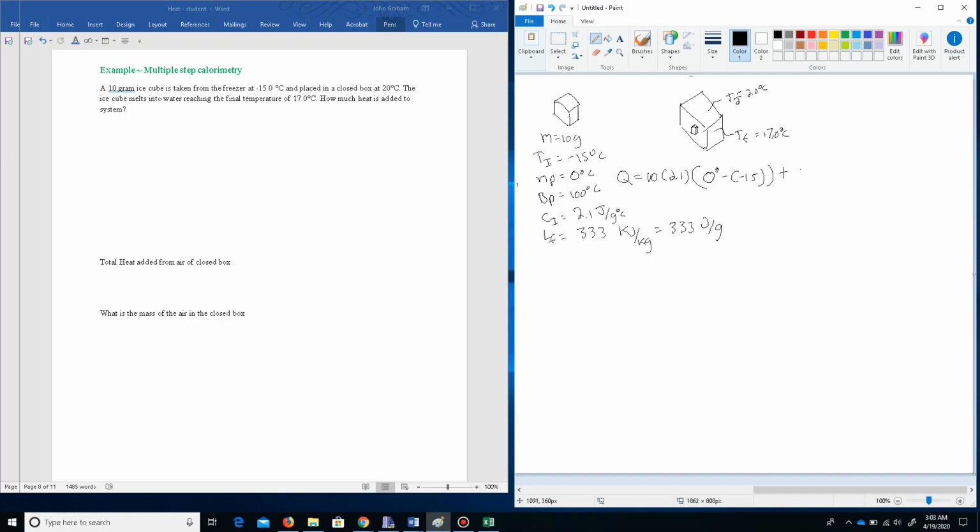Right. That's the nice thing. If you just convert them both, the number doesn't change because you're multiplying by 1,000 and dividing by 1,000. So this mass in grams would be 10 grams times 333 joules per gram. So we'll have joules for both of these.